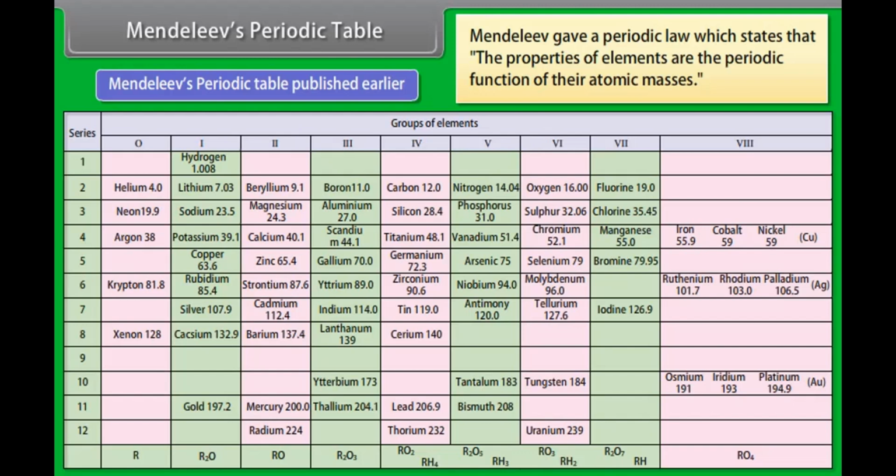Mendeleev left certain vacant places in his table, which provided a clue for the discovery of new elements. Some of the properties could be predicted with a fair accuracy. For example, both gallium and germanium were not discovered at the time when Mendeleev proposed his periodic table. Mendeleev named these elements eka-aluminium and eka-silicon respectively. Number 3. With the help of this table, doubtful atomic masses of certain elements were corrected.